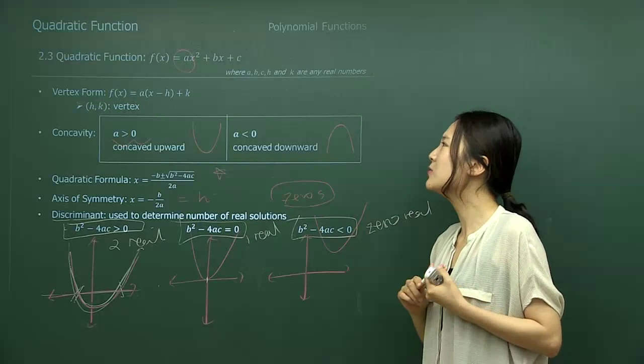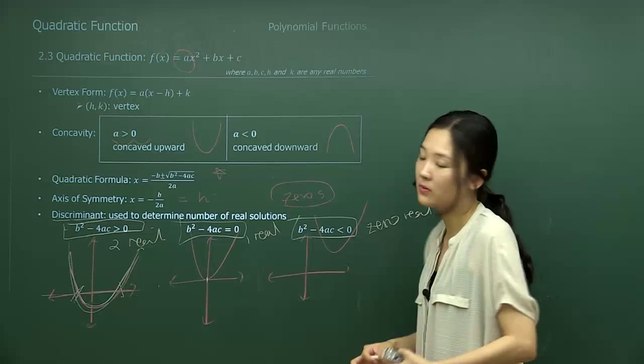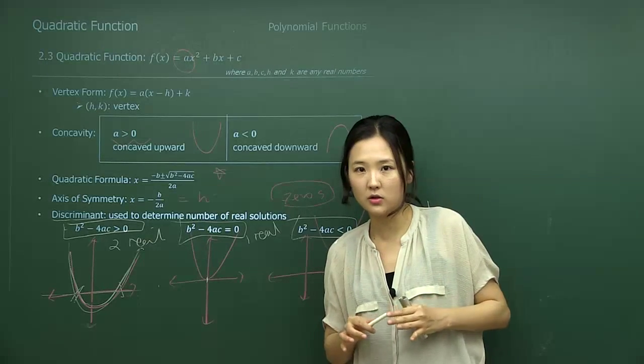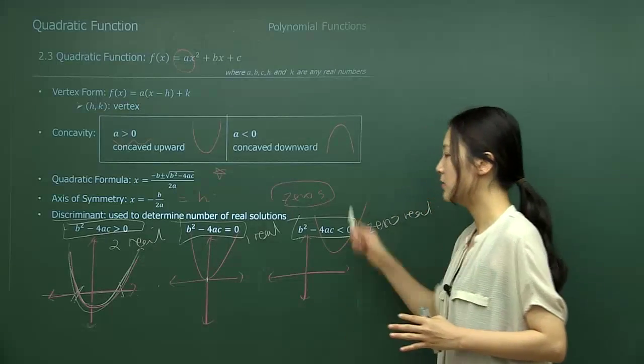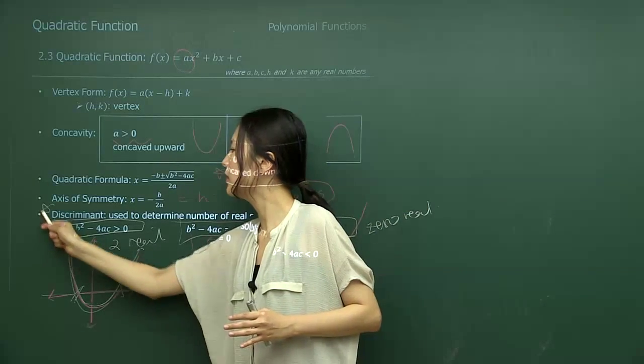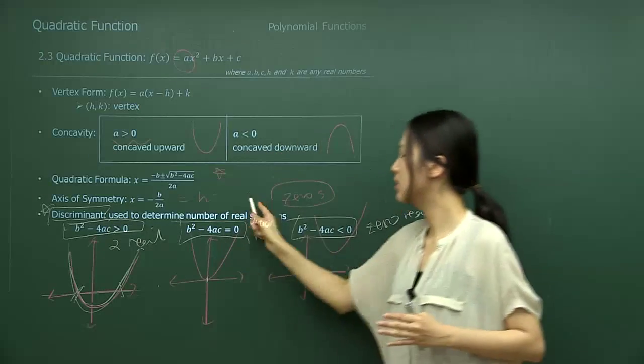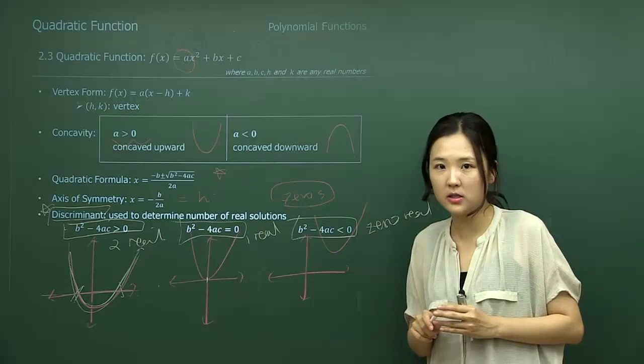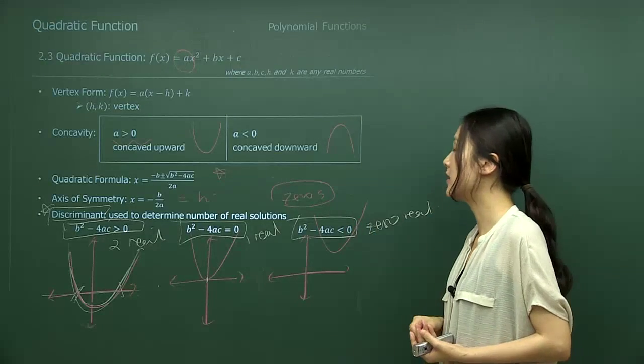When it comes to functions, you must understand the relation between the function equation and the graph as well. So do not forget the details. So here we go. The discriminant is something that shows how many real zeros your quadratic function has.